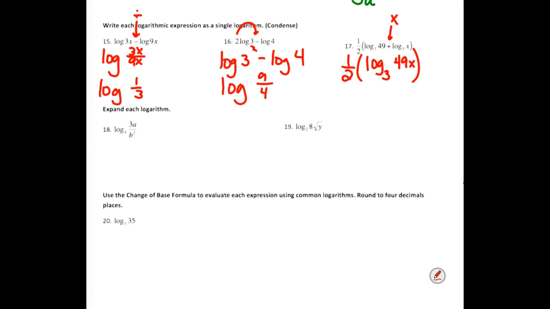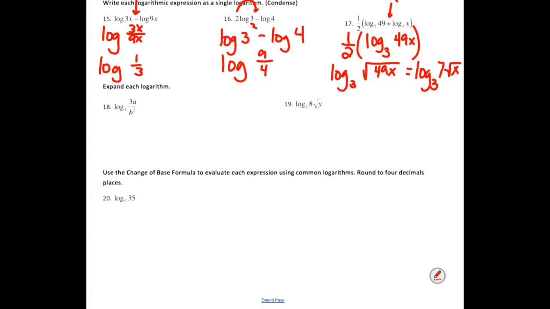Now we can put the 1/2 back as a power. A 1/2 power is the same thing as a square root. So we can write this as log base 3 of the square root of 49x. And we could take the square root of 49. We could clean that up a little bit. Log base 3 of 7 times the square root of x would be your simplified answer.